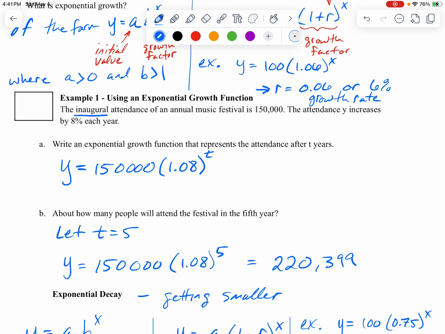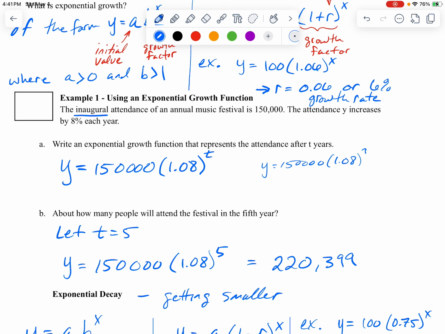Year 1 would be 150,000 times 1.08 to the 1, which would just be 150,000 times 1.08. The times 1 gives us our original value. And then that additional 0.08 represents the 8% growth.